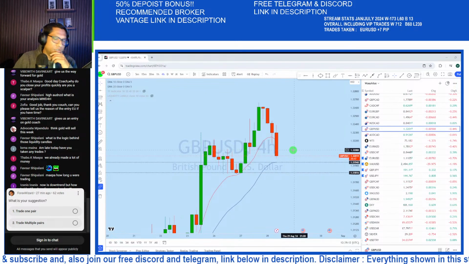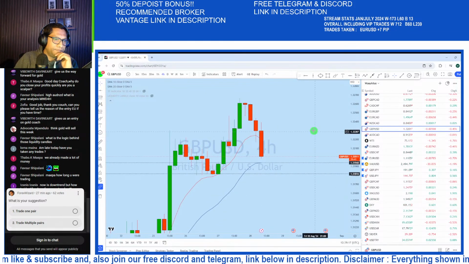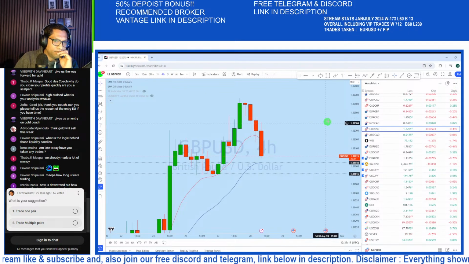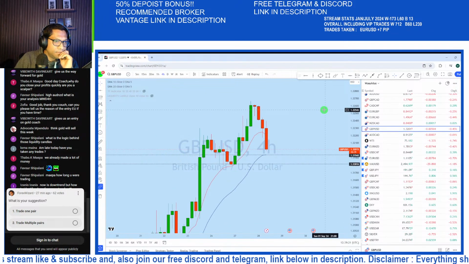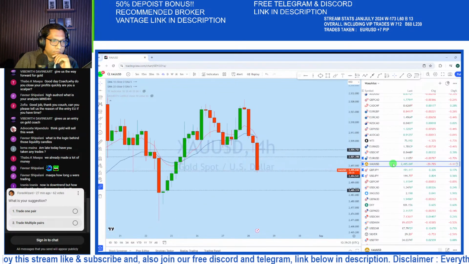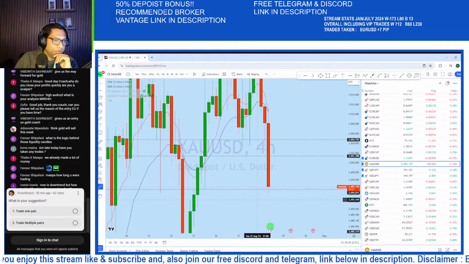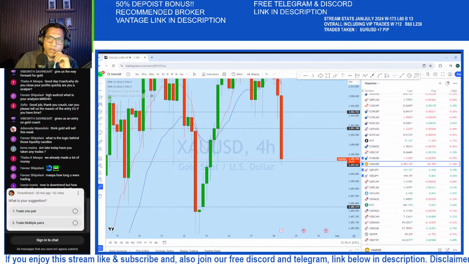Okay, so British pound US dollar, we can see that dropping down. Okay, so you can see gold has broken that support completely, which is pretty strong. It's almost there.